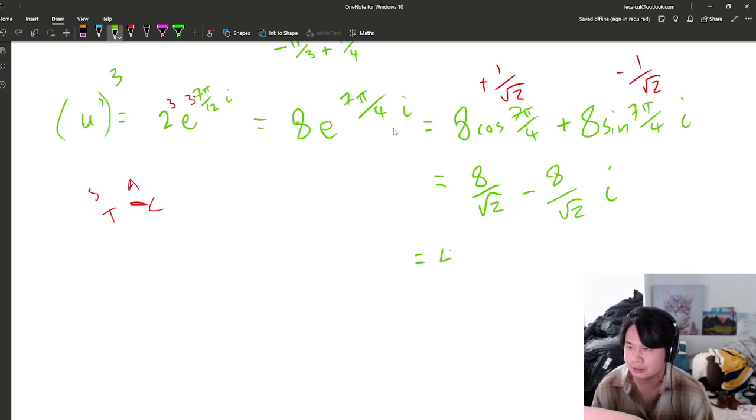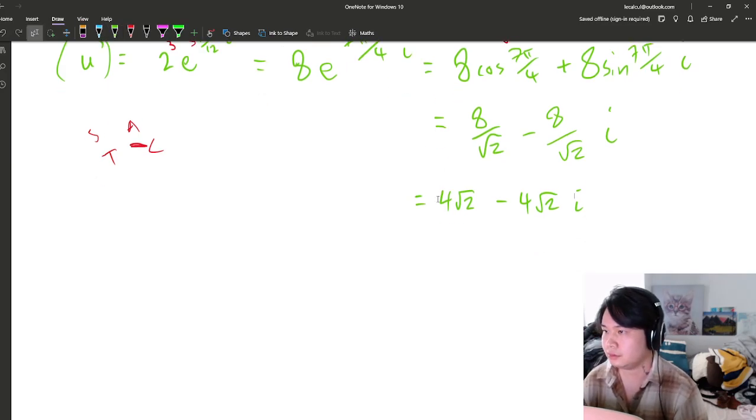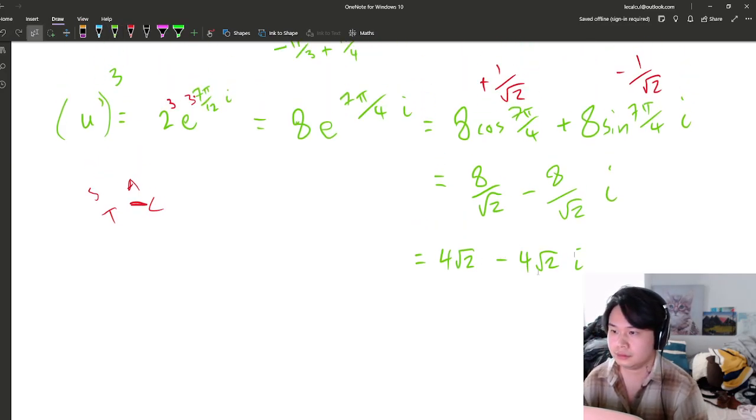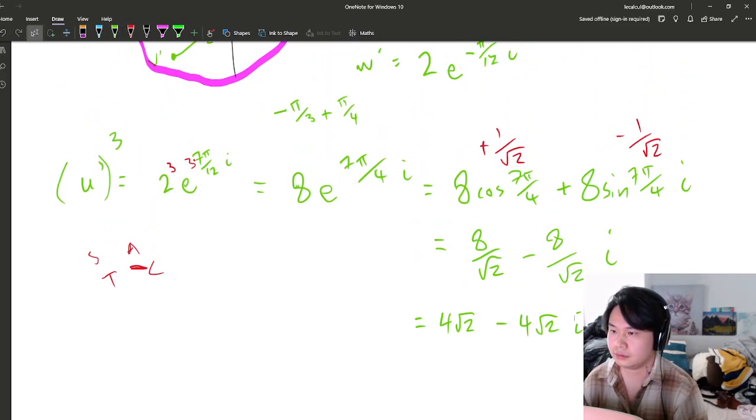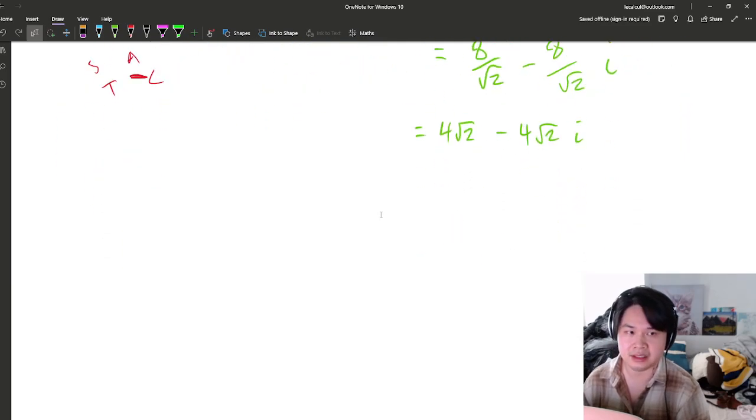Like 4 root 2? Or 2 root 2? No, 4 root 2, right? Okay. I'll just say that this is good.